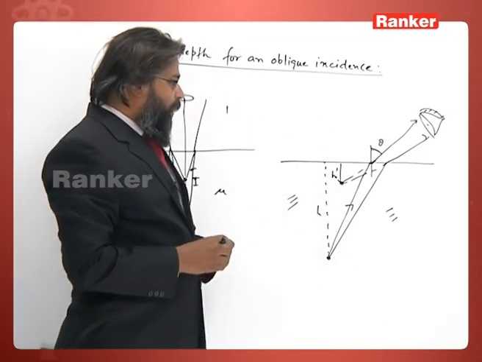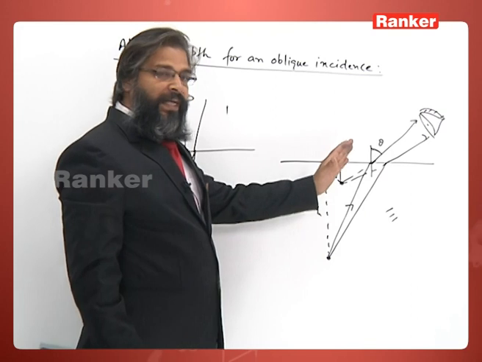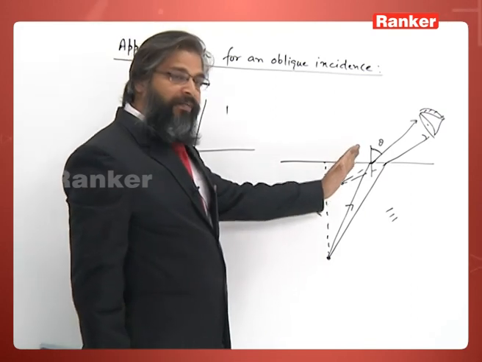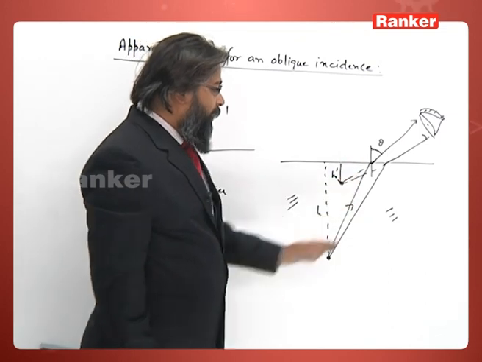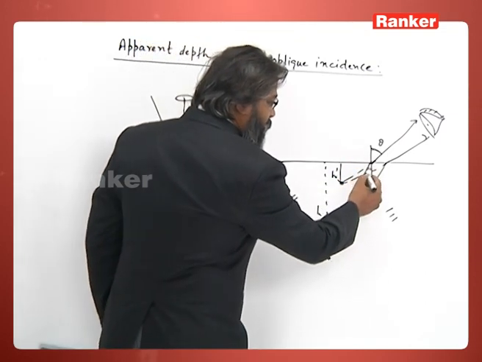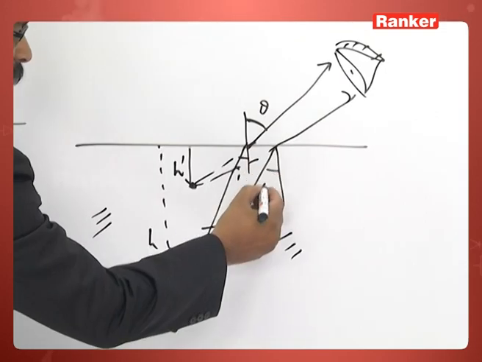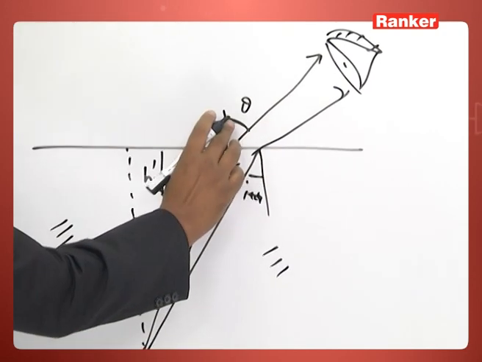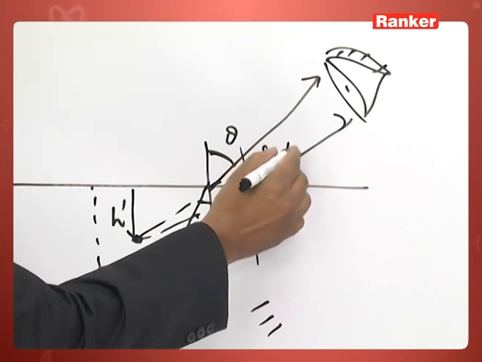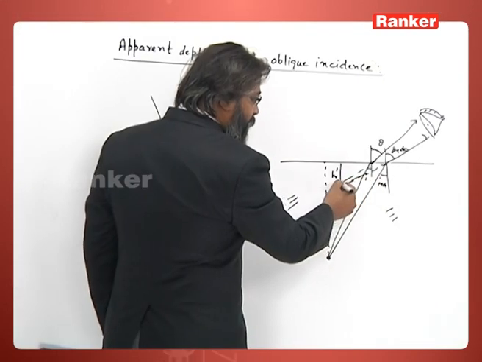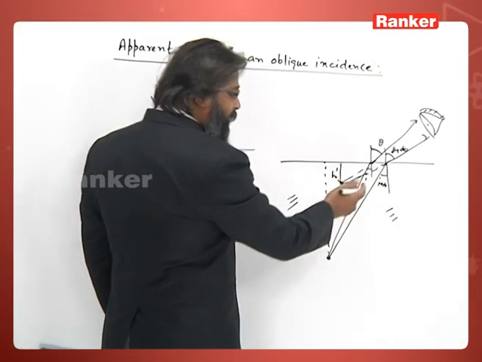Now, what happens? Already we have discussed that the deviation increases with the increasing angle. So, you see, when this angle of incidence is i, it becomes i plus di. So, this deviation increases. So, this theta becomes theta plus d theta, and so they converge at some earlier point here.